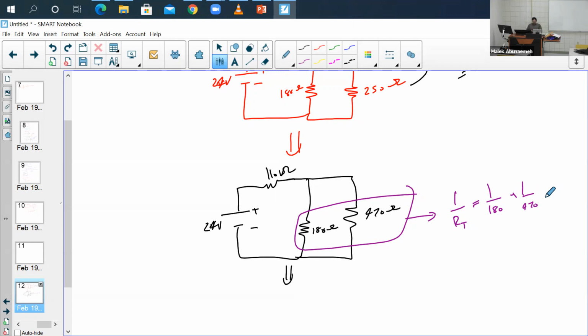And then you're going to flip it. That means your R total is about 130 ohms.